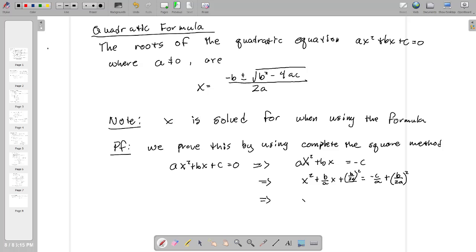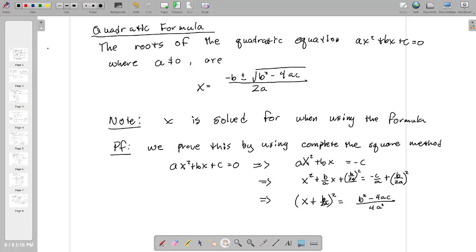Then the left side factors very nicely into x plus b over 2a quantity squared. On the right, when we square the b over 2a and add the two like terms and add the fractions, we will end up with b squared minus 4ac over 4a squared.